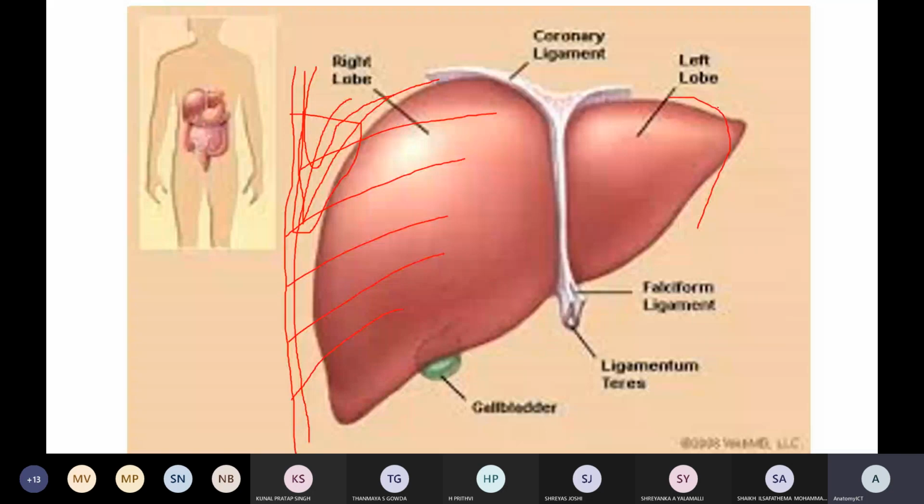The peritoneal cavity which is covering anteriorly, and in relation to the liver and kidney, behind the liver there is peritoneum, and this peritoneum is completely enclosing the liver, but the kidney is not covered by peritoneum posteriorly, meaning it is an extraperitoneal organ. The kidney is extraperitoneal and the liver is intraperitoneal.